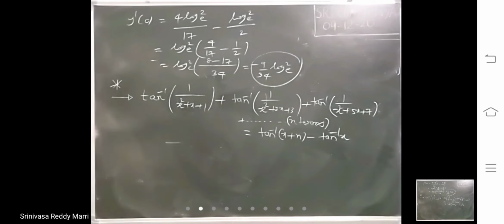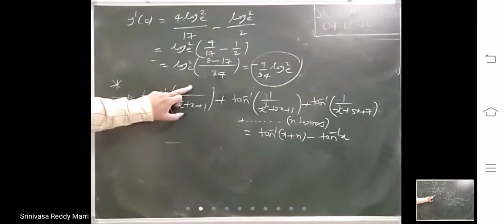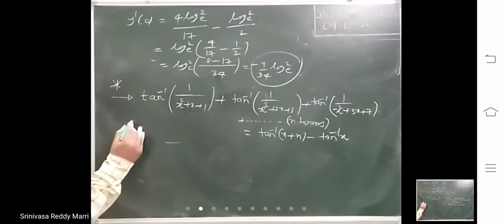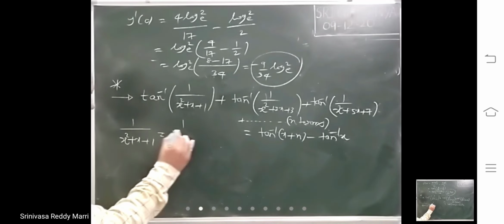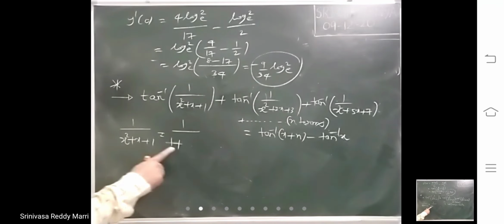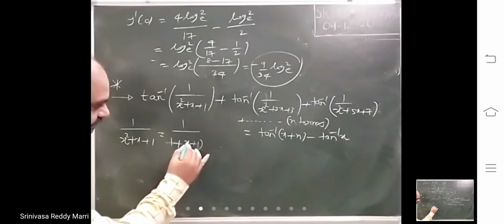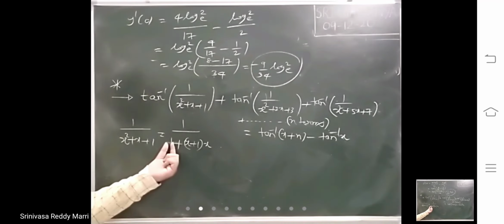Whenever tan inverse of 1 by (x square plus x plus 1) is there, you have to convert it into the form x minus y divided by 1 plus xy. Look at how I am converting. Take the inside: 1 by 1 plus x square plus x, that means I am writing (x plus 1) into x, the product of 1 and the product of 2.